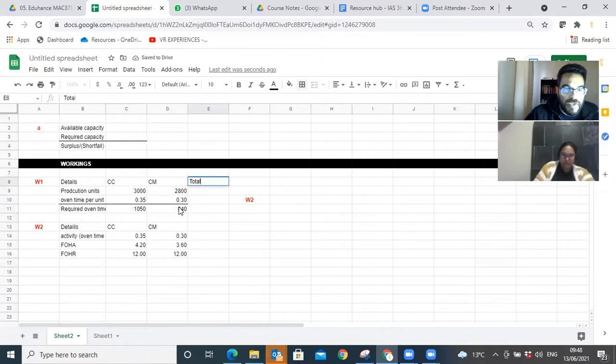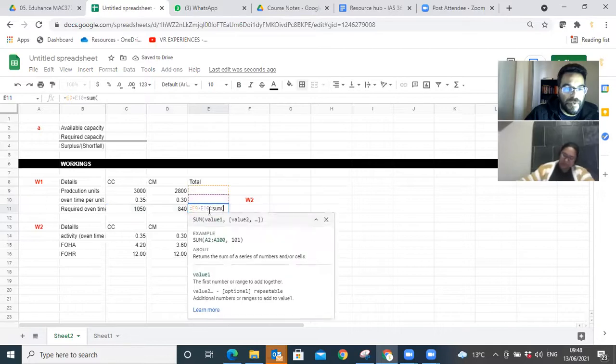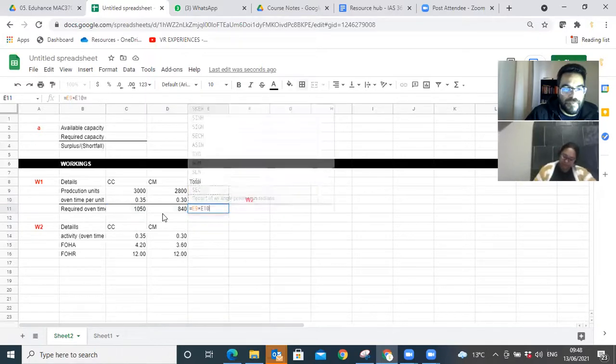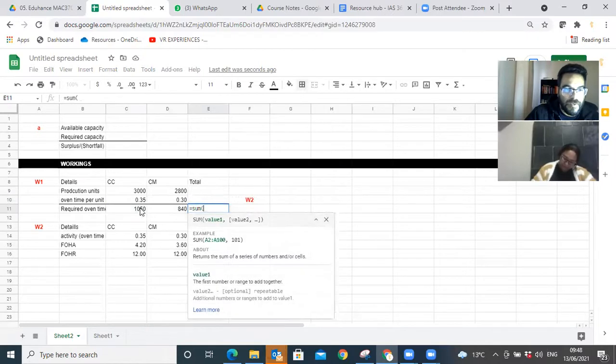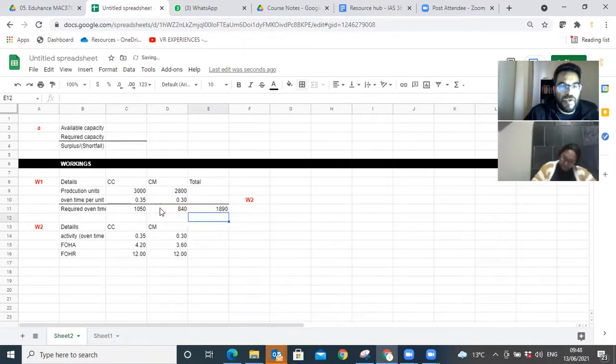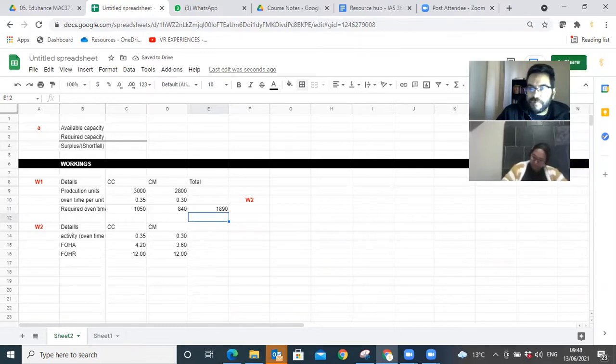The total is as follows. So that's the total required time. Now I must work out capacity. Total required time is 1890, so we can tell them working 1.